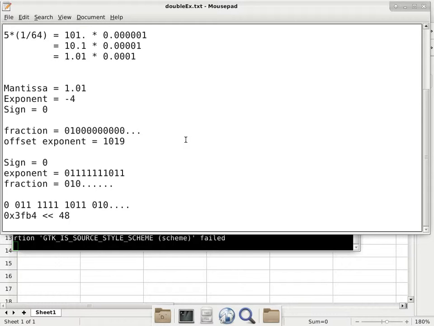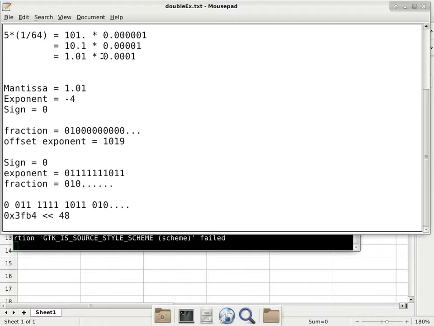Let me just point out where I'm talking about here. We started off with the value that we want to represent, one particular integer times a power of 2. Then I represent the integer in binary. I represent the power of 2 also in binary. And then I shift the point in the integer part until the mantissa becomes 1 point something something.